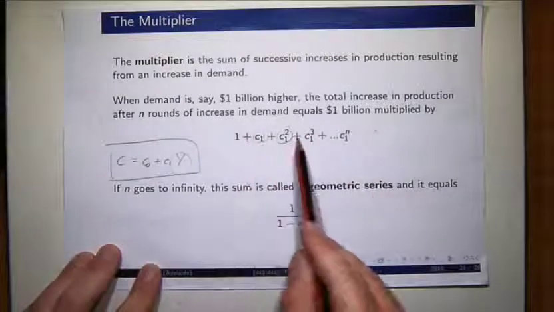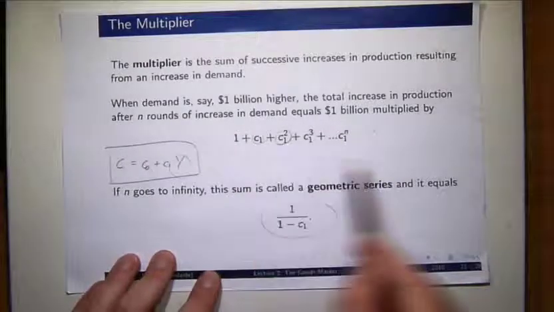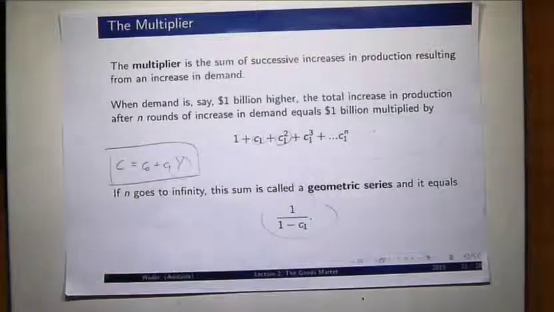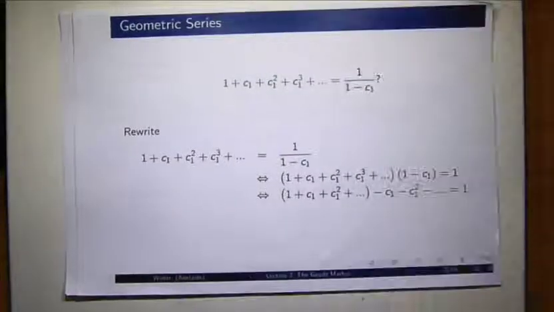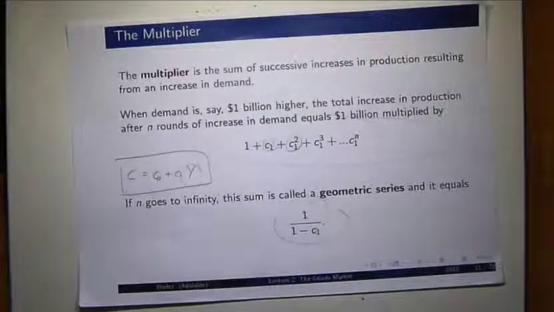And if it goes to infinity, we can rewrite this as 1 over 1 minus C1. Okay? So you maybe don't want to believe me that this is the case, so I gave you the proof here. Okay? But the proof either believe me or you, it won't be in the midterm.